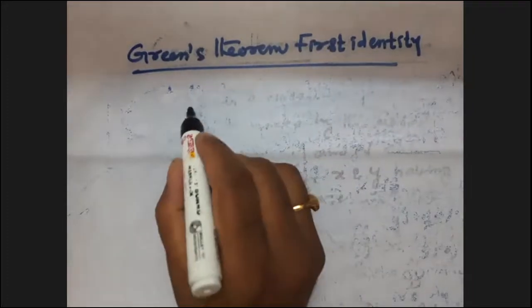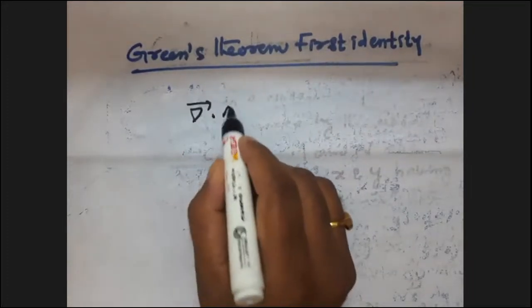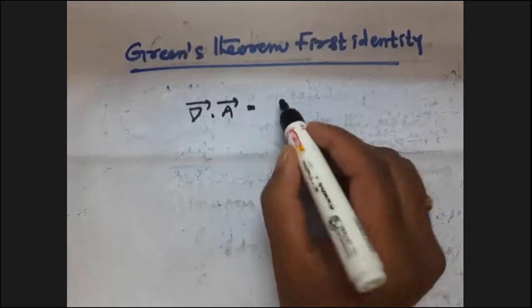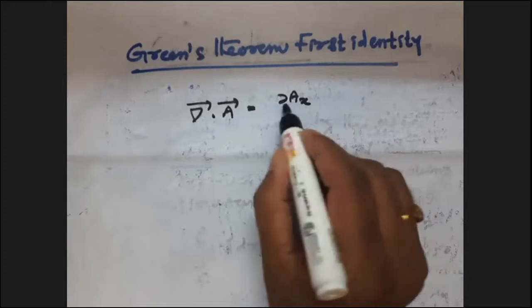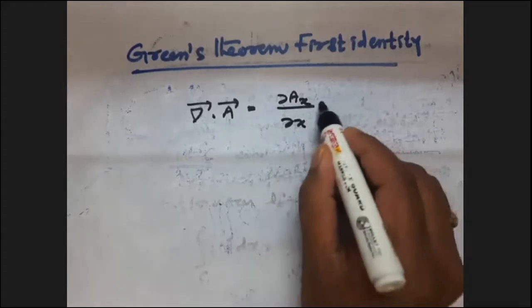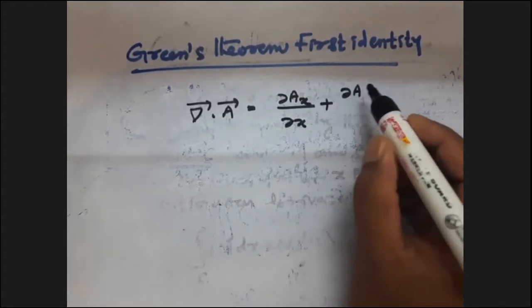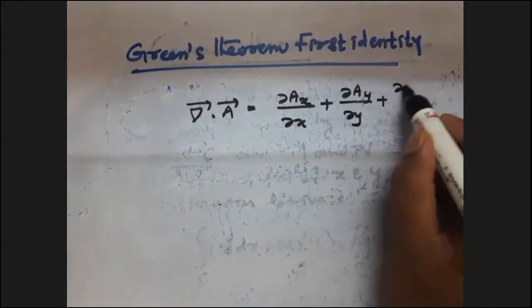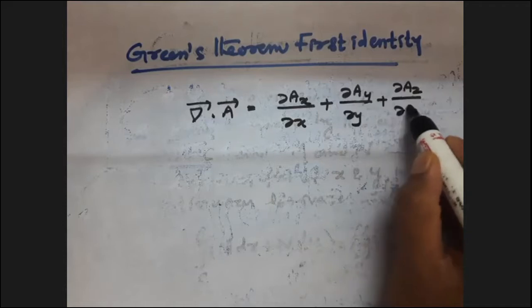Now you take del bar dot A bar. What is the divergence of A bar? Dou Ax by dou x plus dou Ay by dou y plus dou Az by dou z.